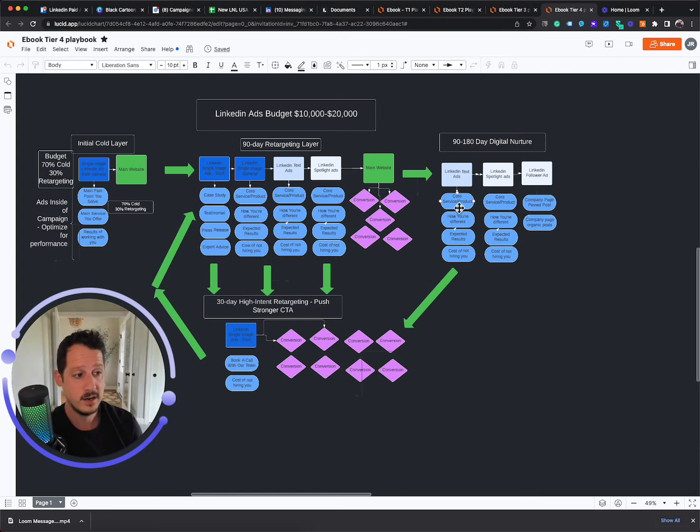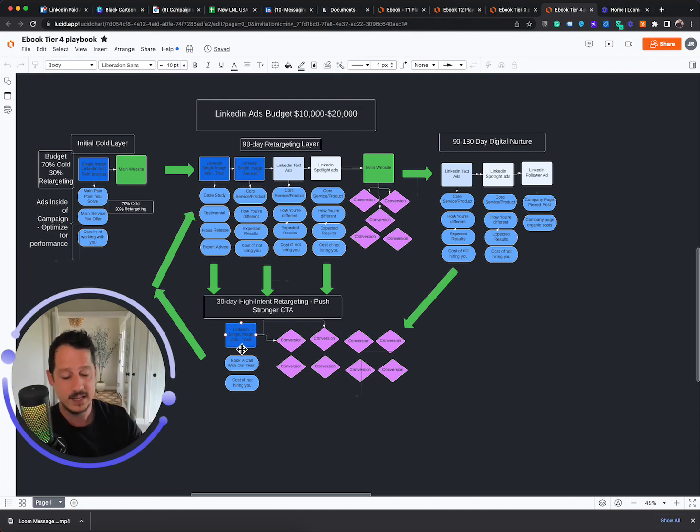If, though, one of these actually refreshes them, brings them back to life, they get queued into the 30-day high intent, and at the same time, they're getting hit with the 90-day retargeting. So they'd go from a light nurture, seeing one of our ads every couple of days, or maybe a couple of ads a week, back to getting the full force of all of our different layers. They would get all 4 of these layers plus the 30-day high intent on top of that.